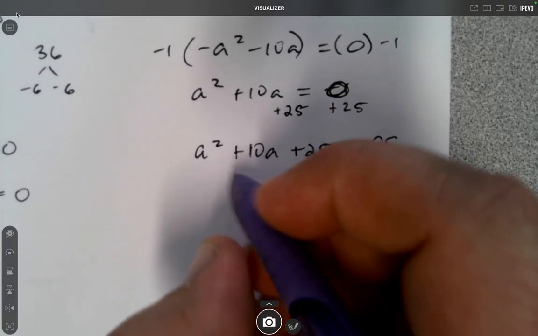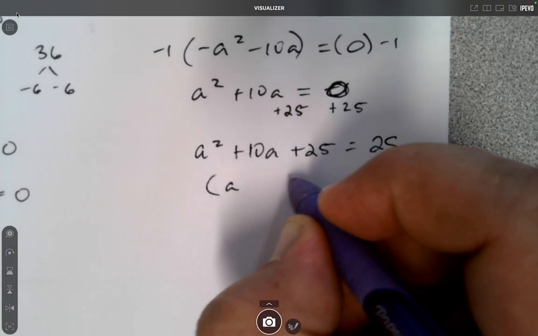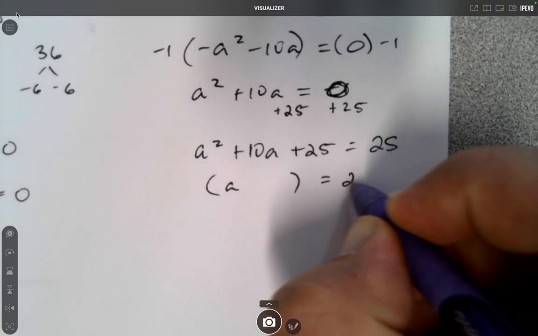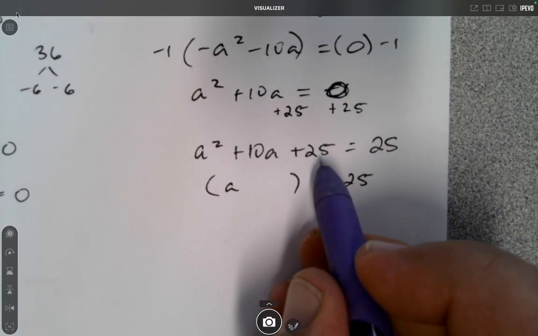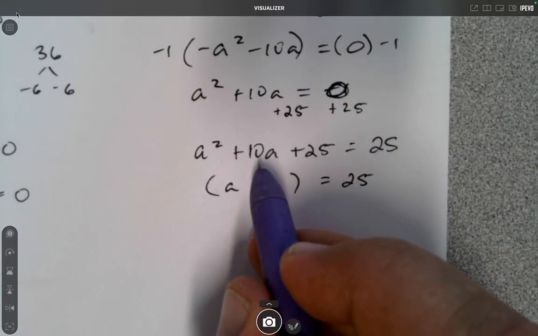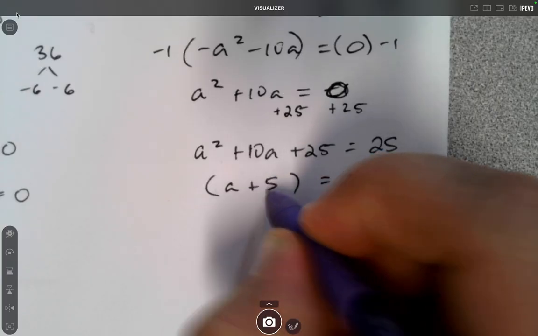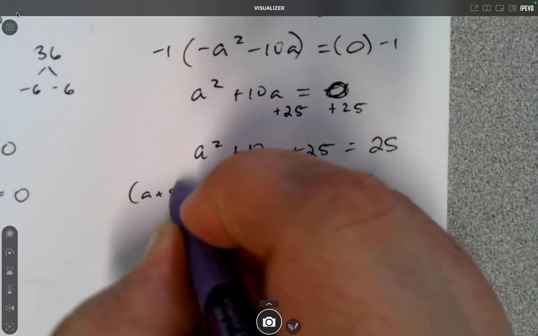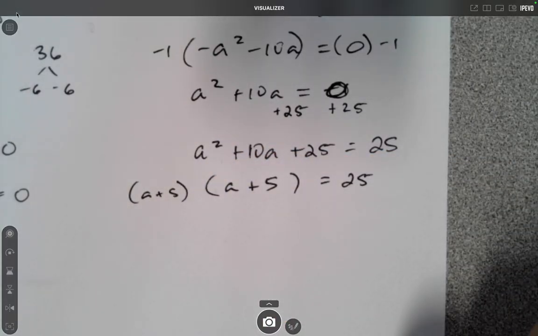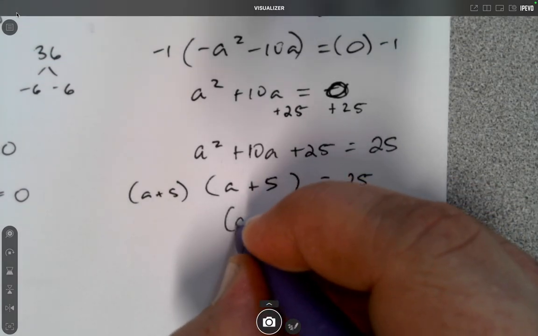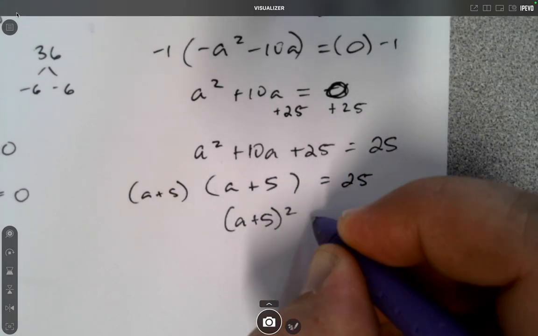Then we need to factor this. So we think what multiplies to be 25 and adds up to 10, well, that's going to be plus 5. So we get a plus 5 times a plus 5, which can be written as a plus 5 squared.